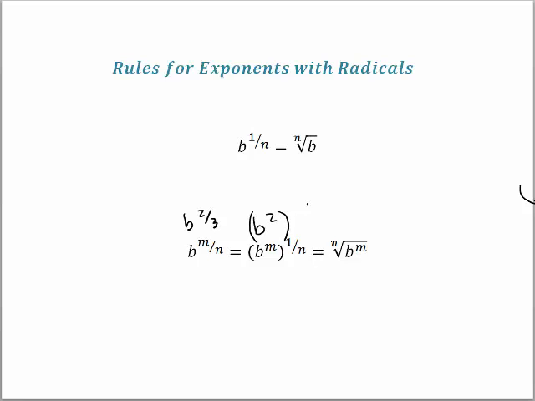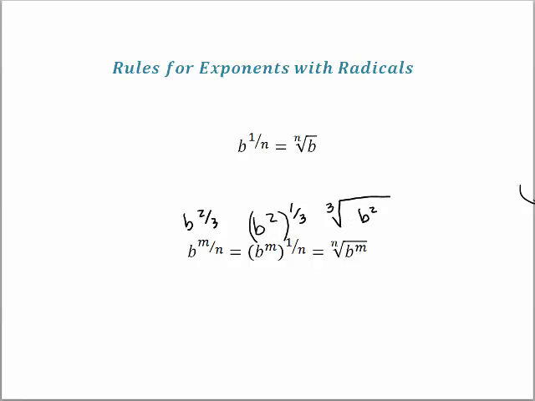Now, that's b to the 2 raised to the 1/3. All right, we changed that into a radical. And what it becomes is our b to the 2nd remains underneath the radical, and this becomes our root, 3. So we can change even a very complicated exponent into a radical, and we could solve that way.